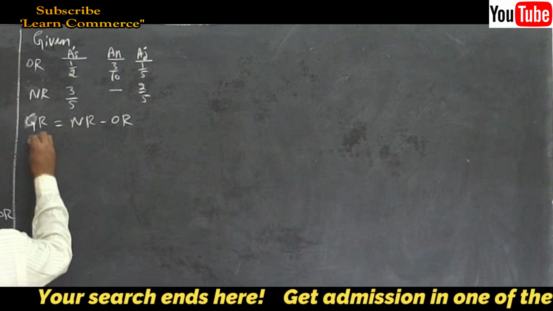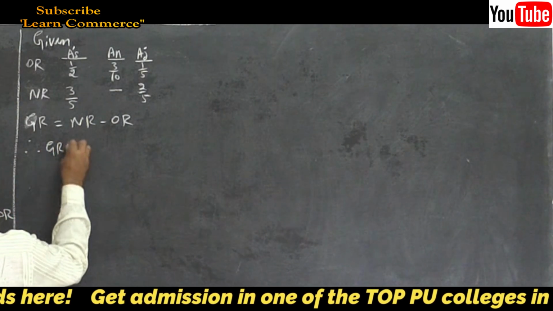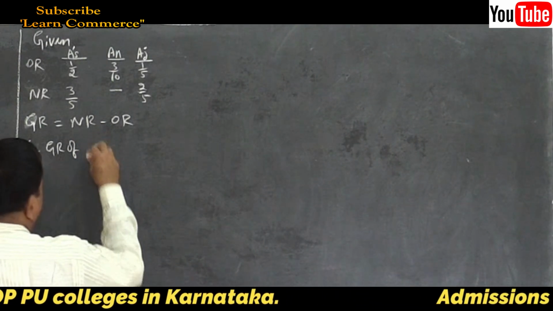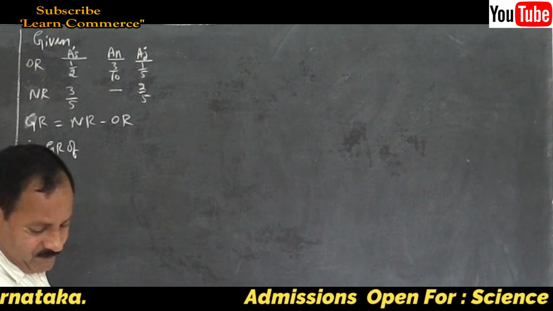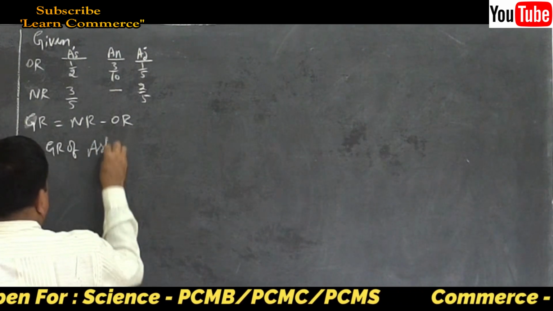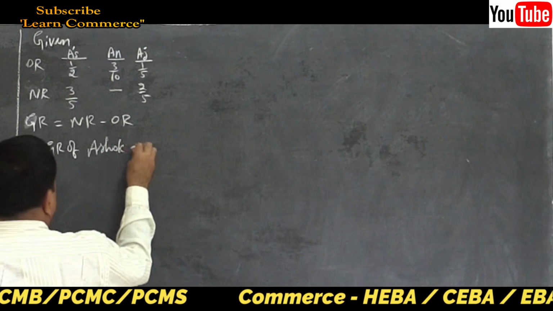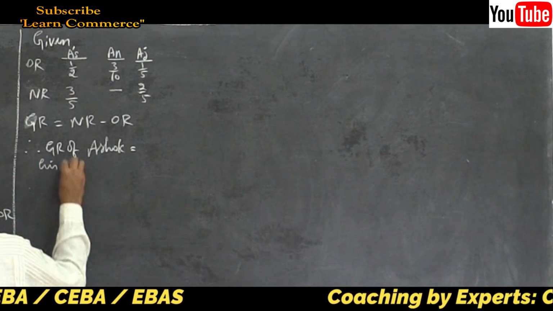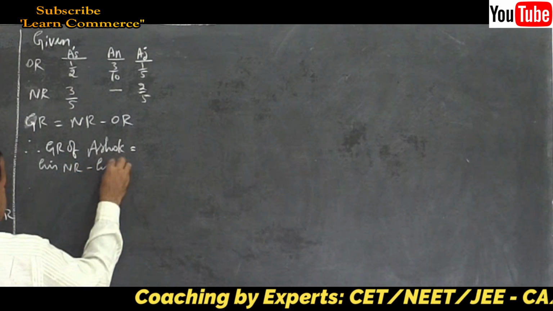Therefore, GR of Ashok, the first partner, is equal to his new ratio minus his old ratio.